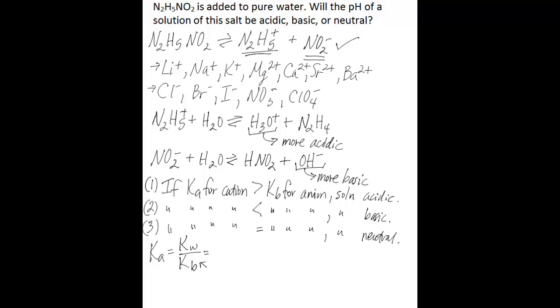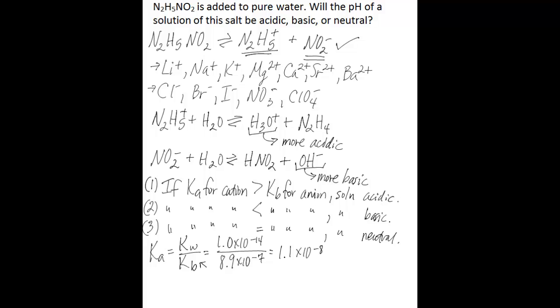We can look that up. So we have 1.0 times 10 to the negative 14 divided by the Kb for hydrazine, which we find to be 8.9 times 10 to the negative 7. You can find that in a table of base dissociation constants. Then you do the math and you find that the Ka for the cation is 1.1 times 10 to the negative 8. Now you have to find the Kb for the anion.